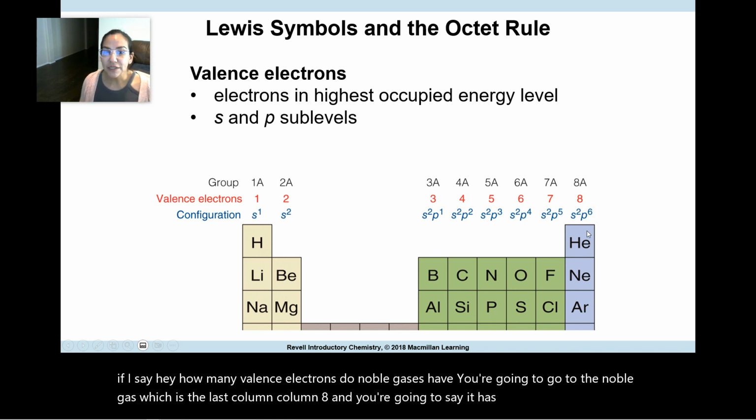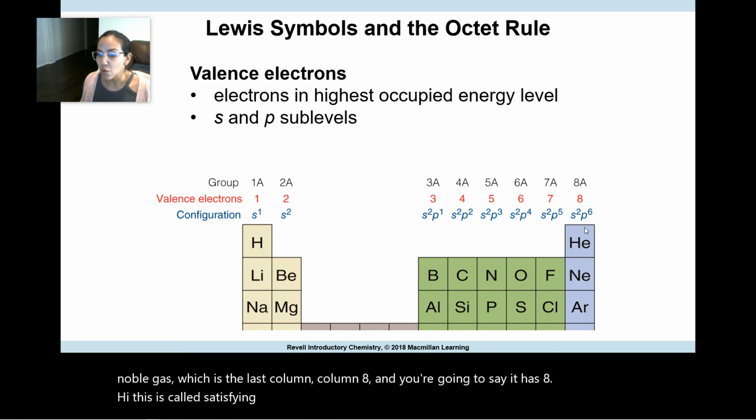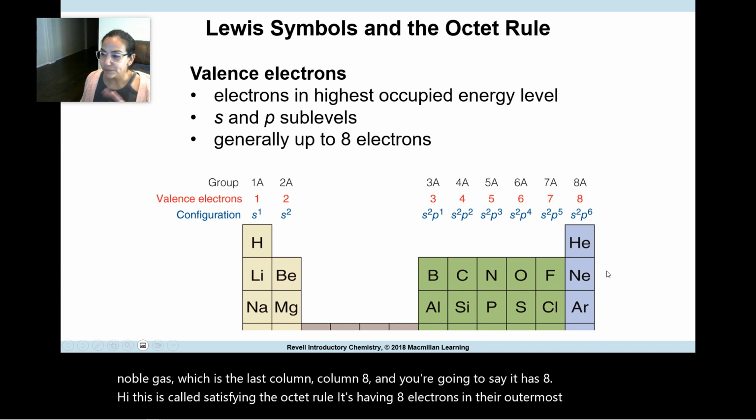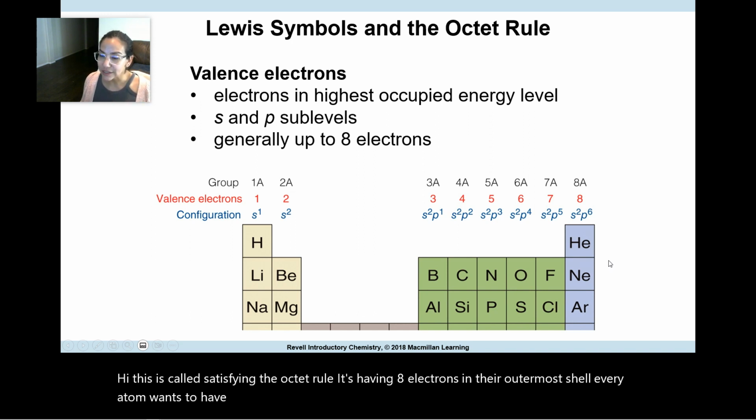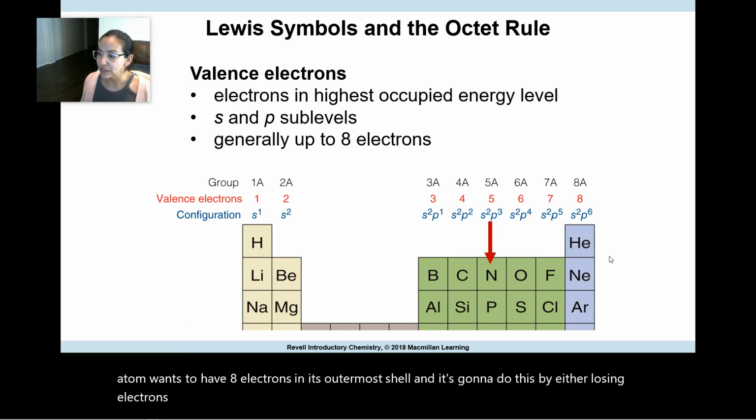All right, this is called satisfying the octet rule. It's having 8 electrons in your outermost shell. Every atom wants to have 8 electrons in its outermost shell. And it's going to do this by either losing electrons or gaining electrons.